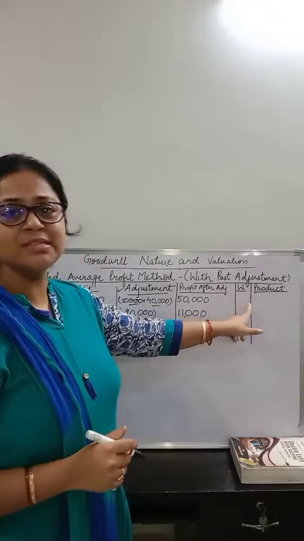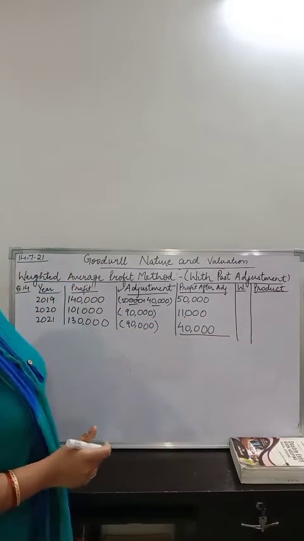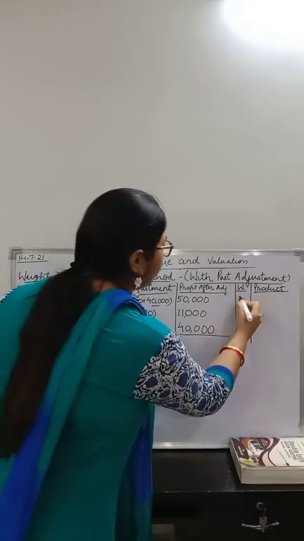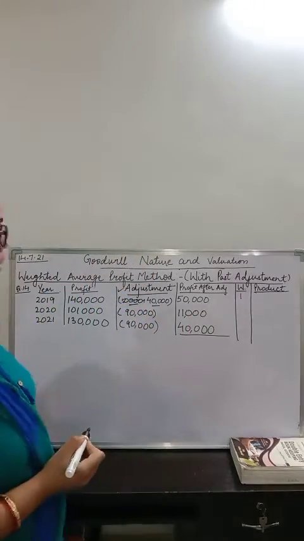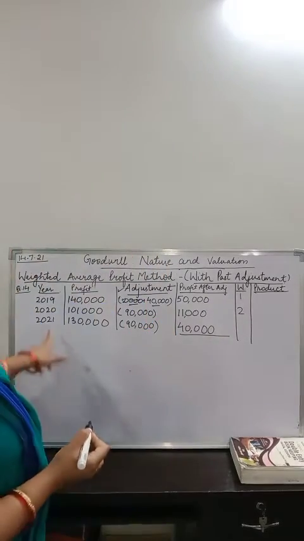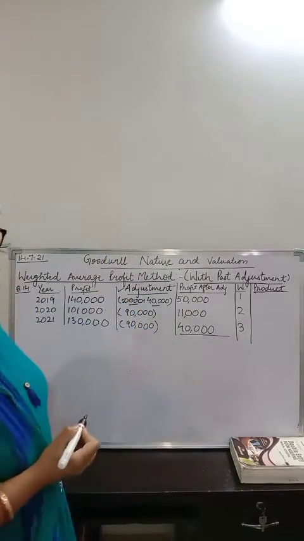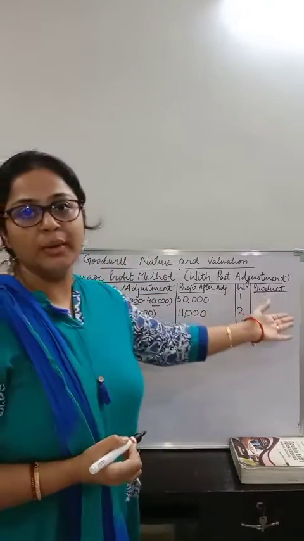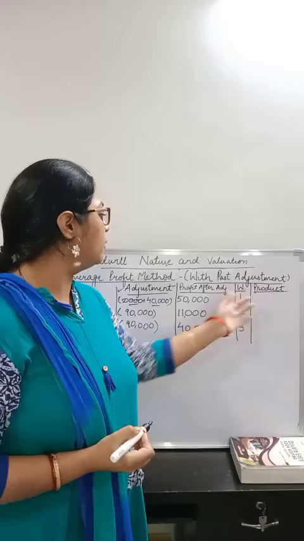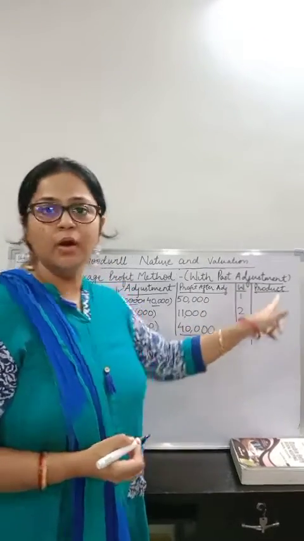And the second column is weights or weightage. To 2019, the most previous year, we will provide one weightage. To next year, you will provide two weightage, and to third year, you will provide a weightage of 3, the most latest one. Then we are doing the same thing. The product column will be profit after adjustment multiplied by the weights.